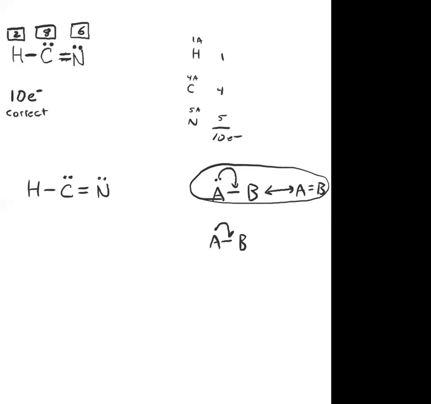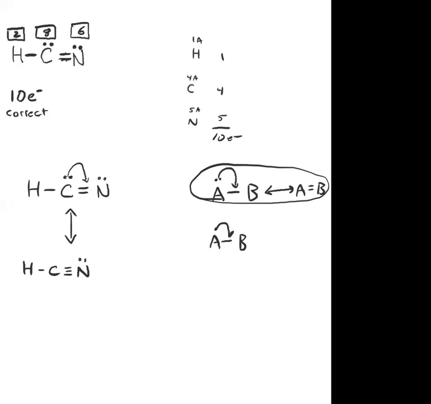So take a look, the nitrogen has 6, so what do we do? We push this pair of electrons so that that pair of electrons is now going to form a new bond. And then use this double-headed arrow to indicate that it's a new Lewis structure. So it's no longer a lone pair, it's now a bond.